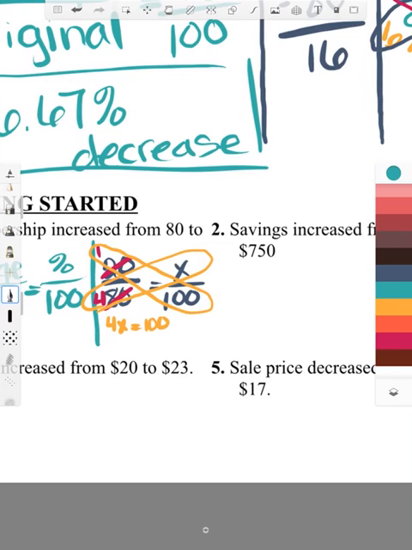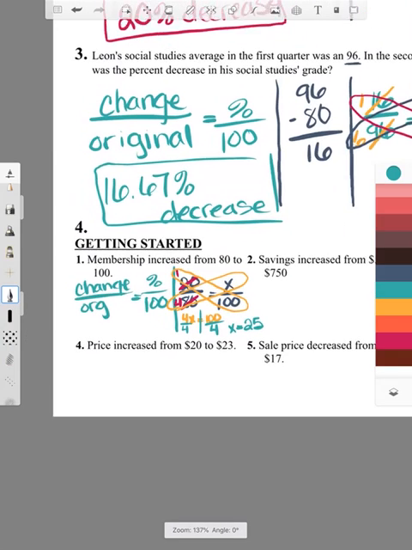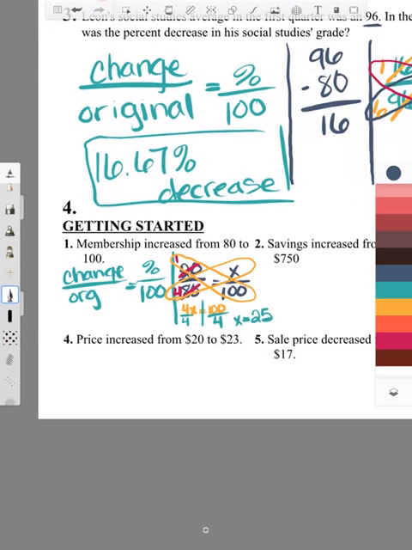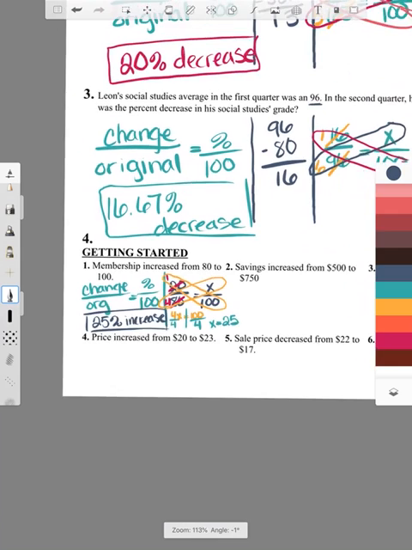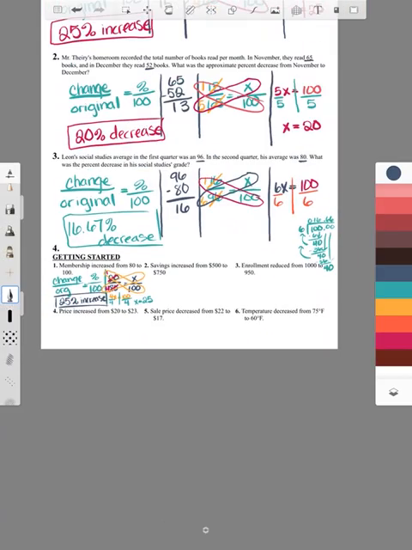Then we'll divide by 4 on both sides. And that gets us X is equal to 25. So that's a 25% increase. All right, just like that. Easy enough.